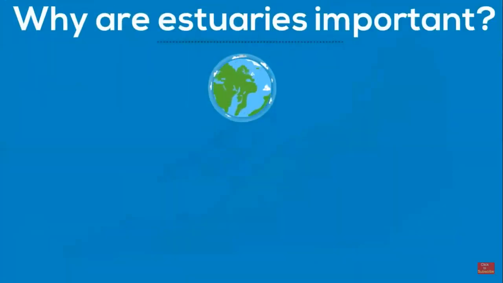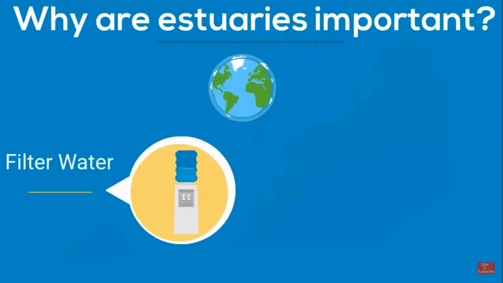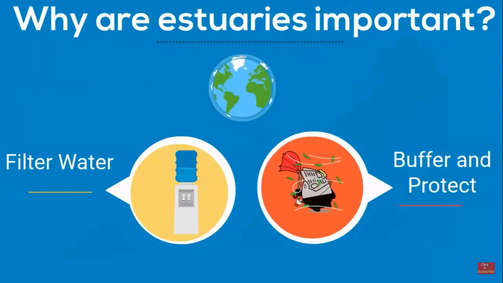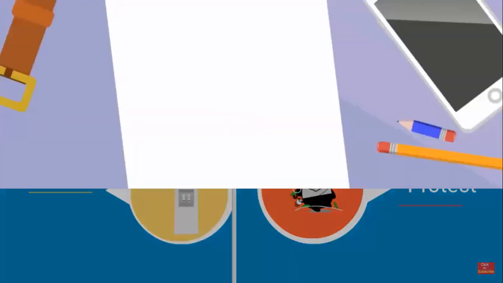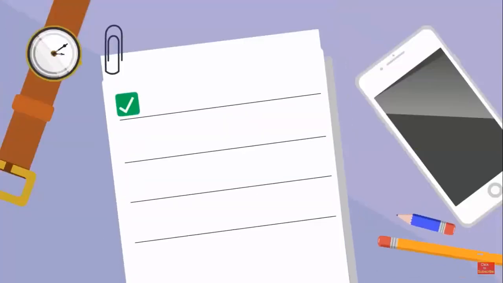Estuaries also help because they filter sediment and pollutants from the water before it flows into the ocean. Estuaries are also important because they buffer the ocean and the land, and they can help decrease the effects of flooding and storm surges. Estuaries can be classified according to their geological features.